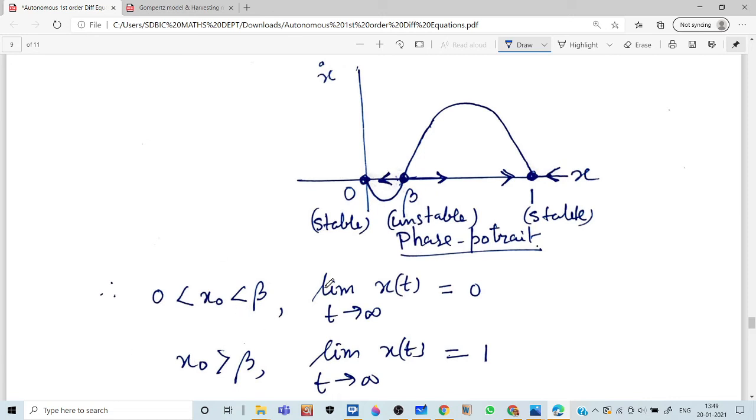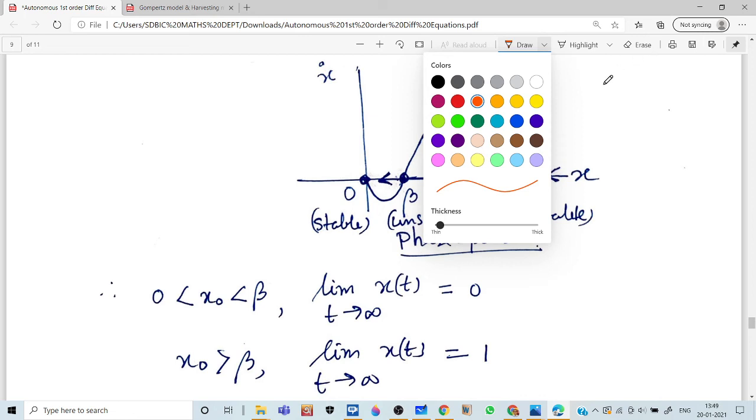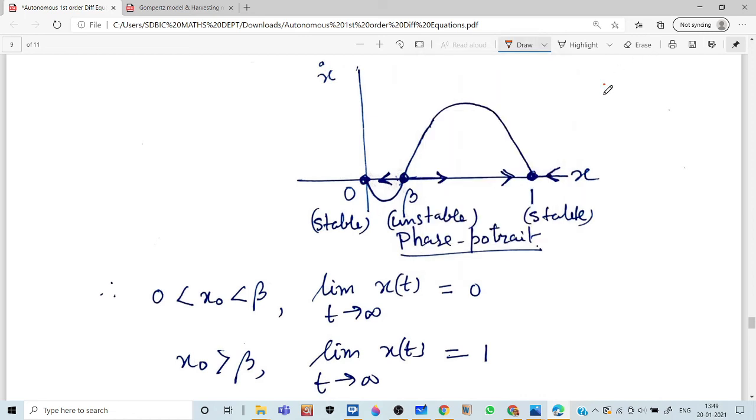Obviously when x0 lies between 0 and beta, suppose x0 is this point, the initial point x0, then the solution trajectory goes to the point x equal to 0. So the limit of x(t) as t tends to infinity is 0 from this figure.